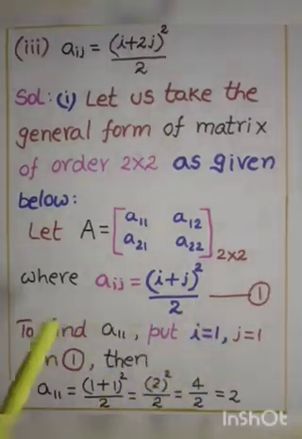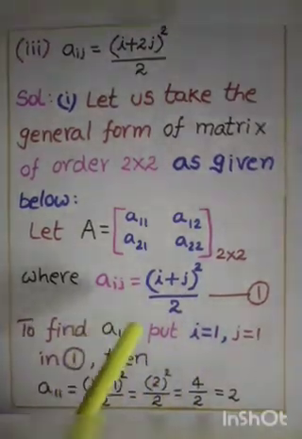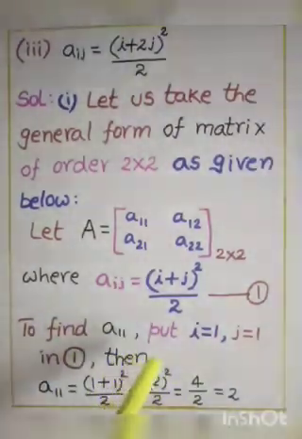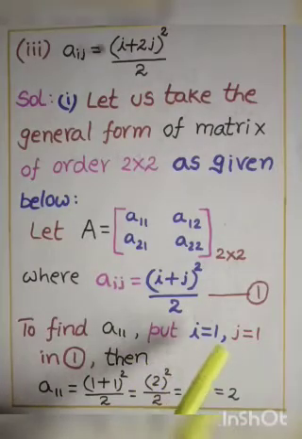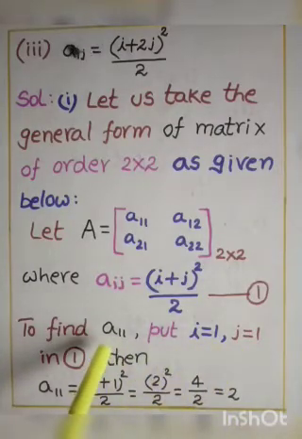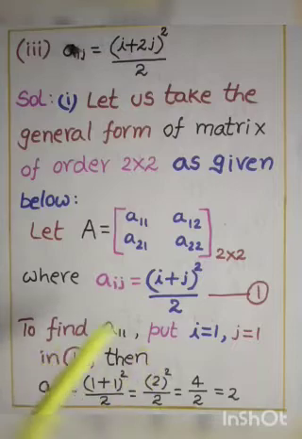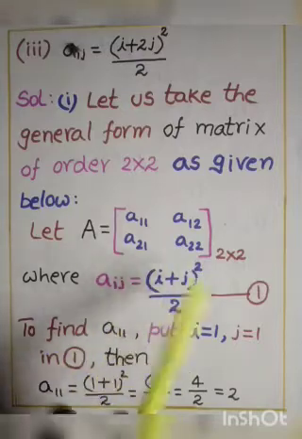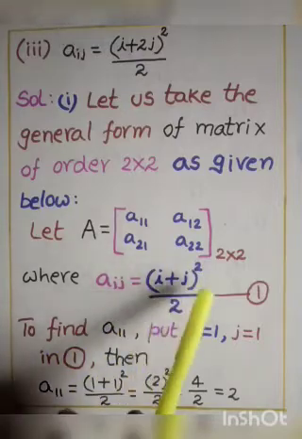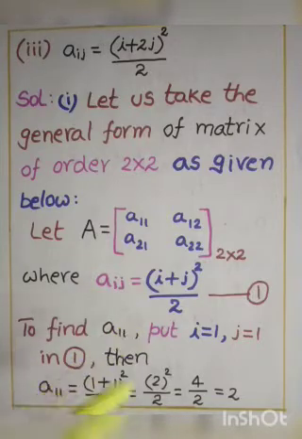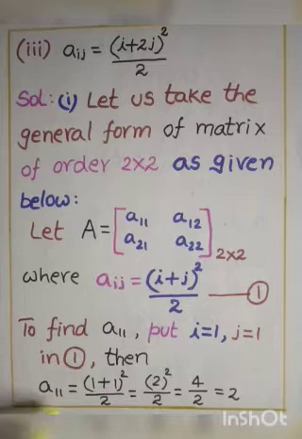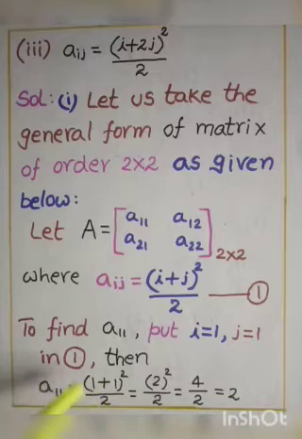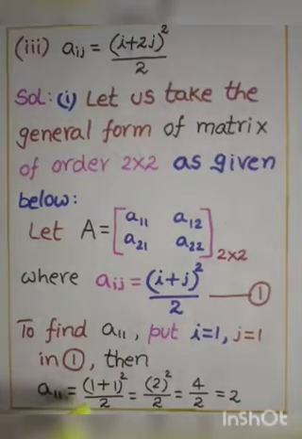So, to find the elements of this matrix, we have to substitute i = 1, j = 1 to get the element a11. Consider this a rule. In this rule, substitute i = 1 and j = 1, then you get the element a11. So (1 + 1)² / 2.